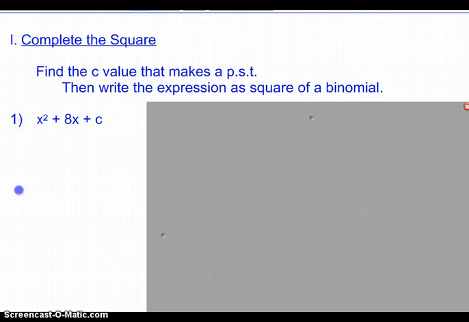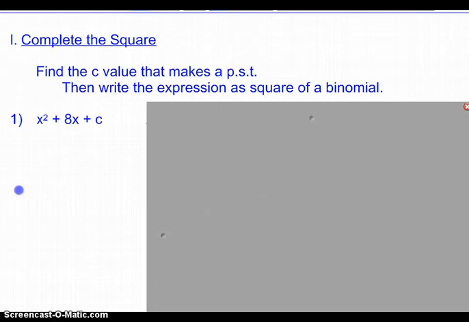What should c become so that we have a perfect square trinomial? Everyone, write it down, jot it down. And then once you have it, factor it into the square of a binomial. Okay, so what should c become?